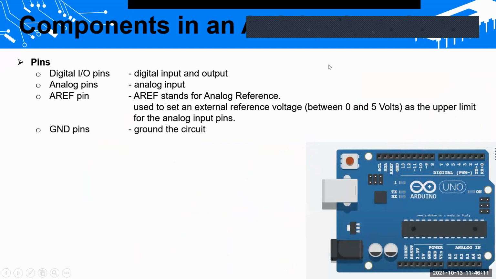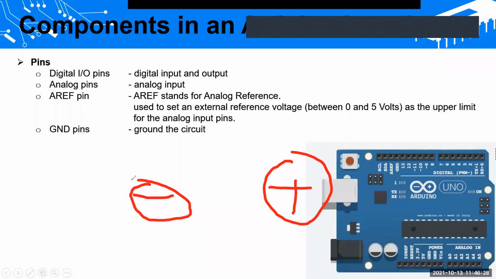Then the ground pins. If you consider current, it goes from plus to minus, so you have to have two ends. One is the source, and the other is the grounding. These grounds are represented as GND. These ground pins are basically used to ground the circuit.